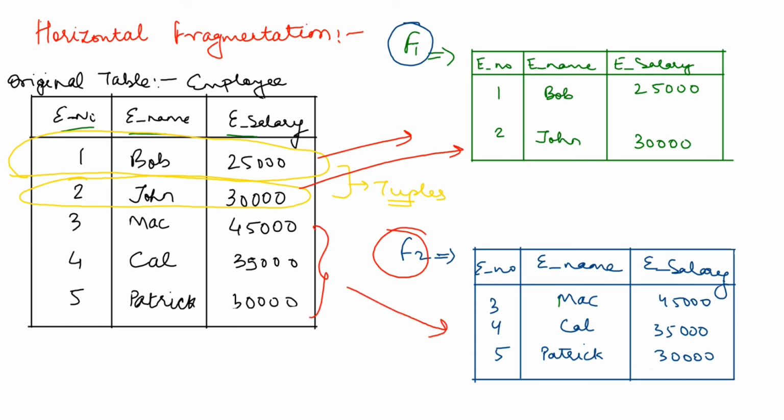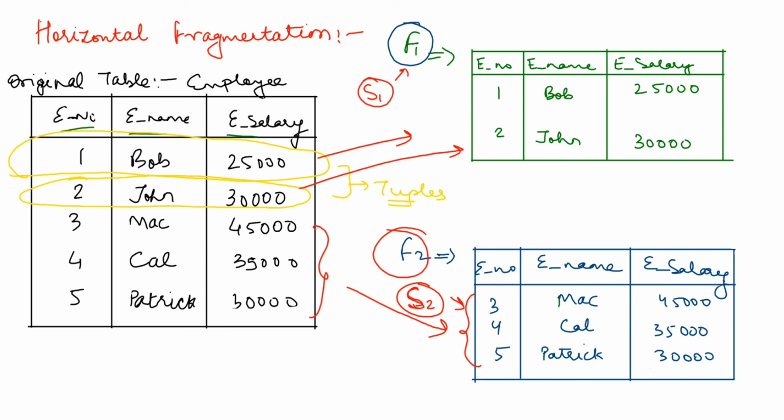Now F1 can be stored at the site which accesses these rows very frequently, and S2, for example, can store F2 if it accesses these three records very frequently, as it is efficient to store F2 at S2.